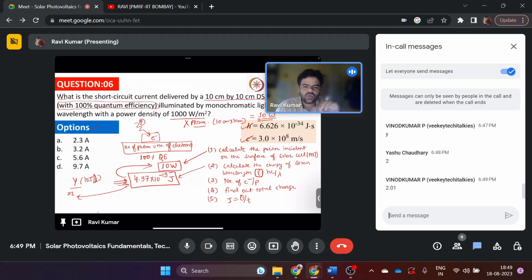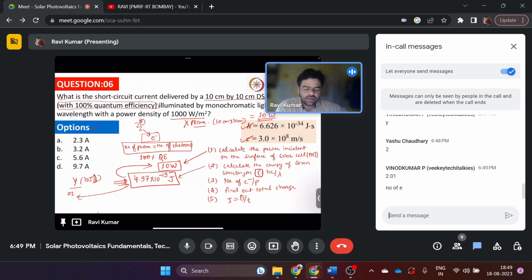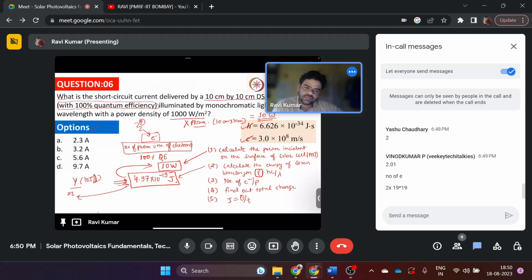This 2.01 is the answer of the third, fourth, or fifth step. Number of electrons. Only 2 electrons will be there. Just think, if this is the energy of 1 photon or electron, to generate 10 joule, it is 10 to the minus 19 joule. So only 2 electrons will be enough. Yes, even you have not written it the correct way. It should be 10 raised to the power 19.